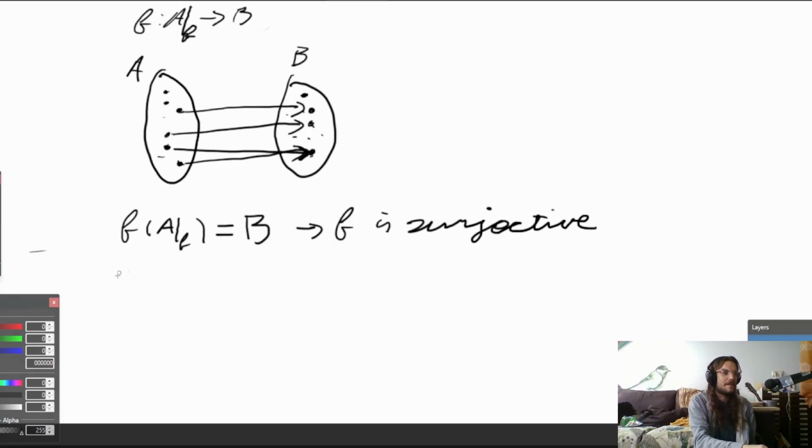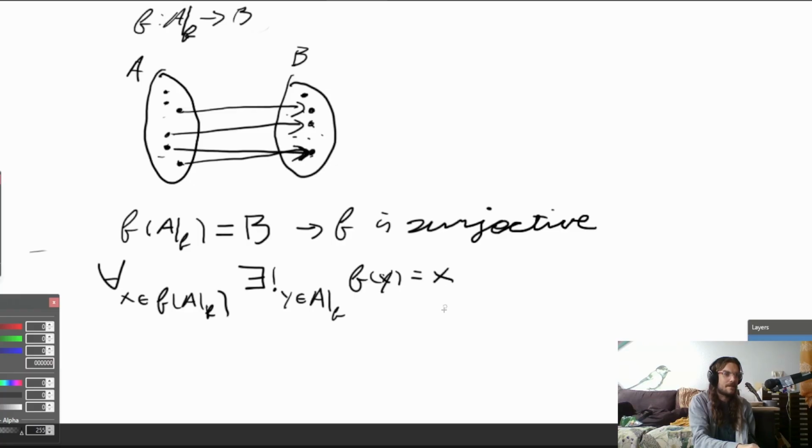And then the second thing, if for any x in the range of f, so that is all the points that are hit by f, we know that there is only one y in the domain of f such that f of y equals x, then we say that our function is injective. And I always remember this by knowing that it's not the one that is surjective.